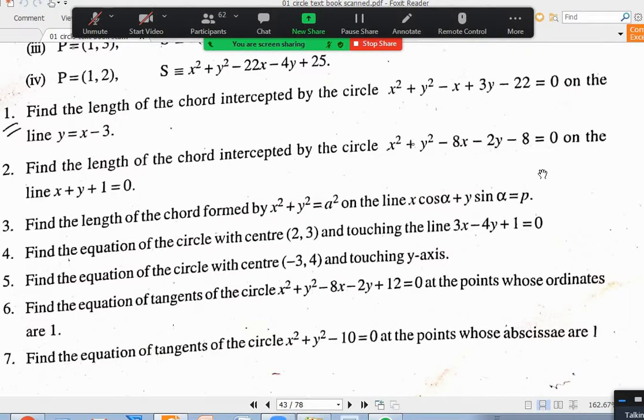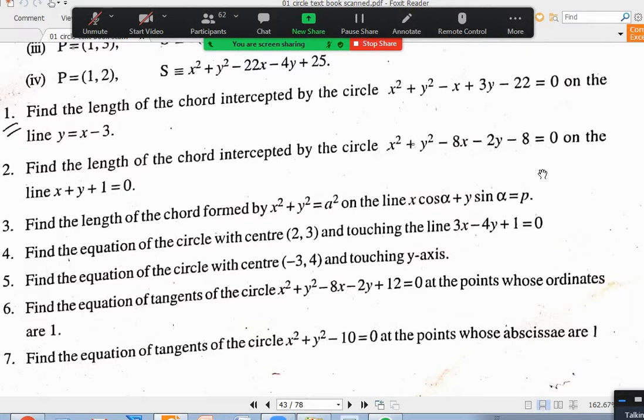Yes, sir. 7th one, sir. Okay, why did you not tell me that? Or you don't know what is abscissa? Abscissa means x coordinate. Ordinate means y coordinate.